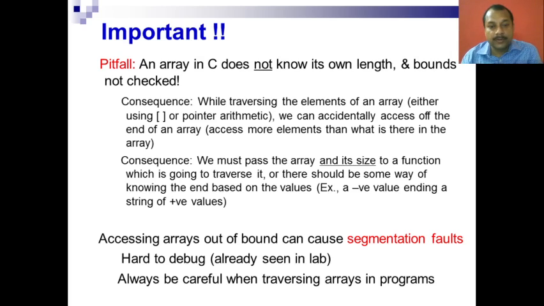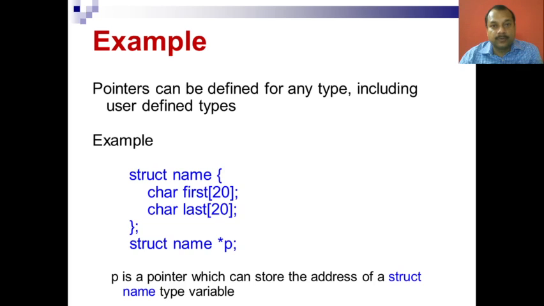Okay. Now it is very difficult to debug a segmentation fault because it does not contain only one single type of fault. A number of faults mostly occur due to this illegal access to the memory, or some bus error will occur. Okay. So always be careful when traversing arrays in a program.